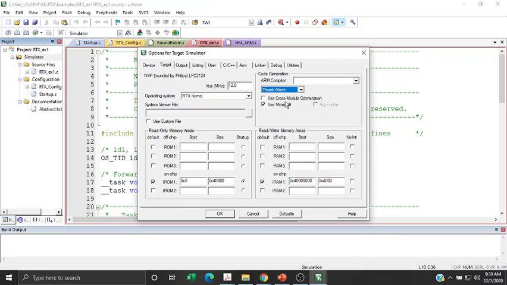And cross module optimization is between the modules. So if any optimization is possible, then you can just click on the cross module optimizations. Normally I prefer to ask you to click on micro library, because some of the functionalities are not implemented by the ARM vendor himself. So there is the Keil compiler or third parties, they have designed their own instruction sets. Maybe we are using the RTX kernel or some header files designed by them.